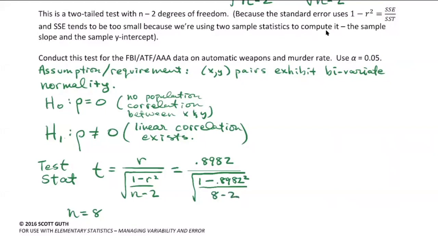Okay, so that's a little bit of an ugly computation. And again, it's best if you try and just pile all that into one computation on your calculator. So I'm going to just show that in case you care.